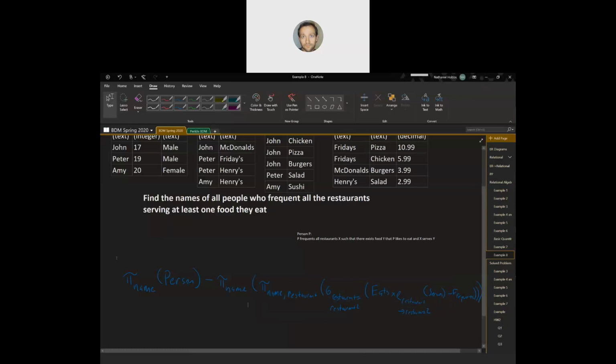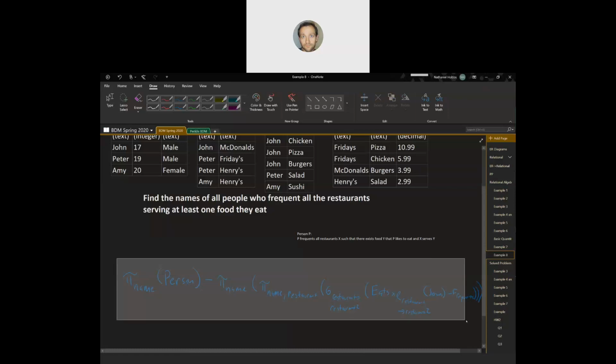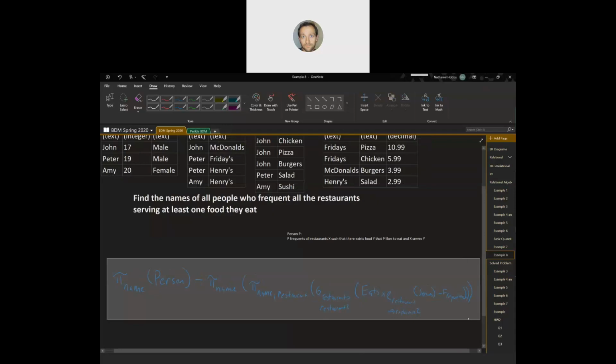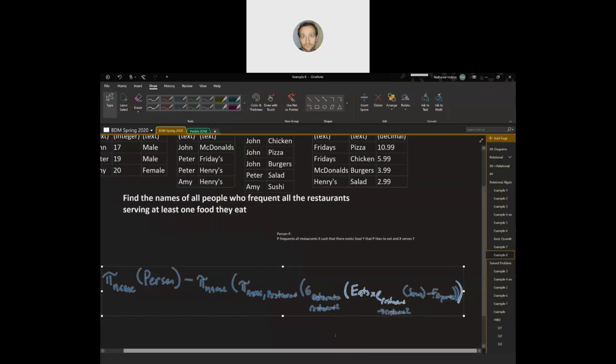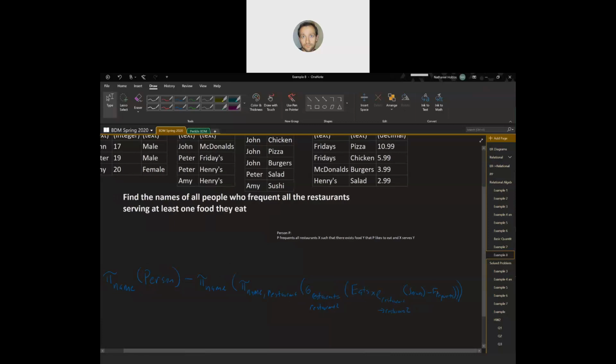And from that, you take away the people who, oh, sorry, there you go. This part, you're removing the people who don't go to restaurants that, oh boy, yeah, this is hard to phrase.